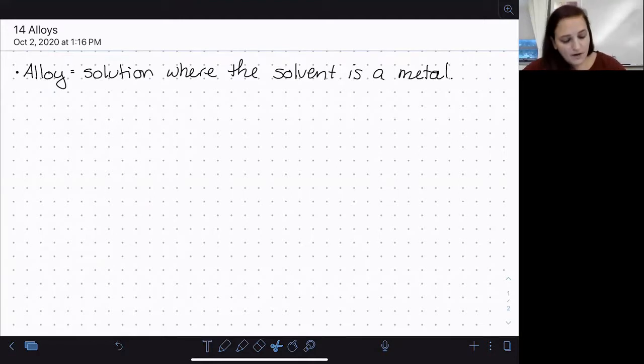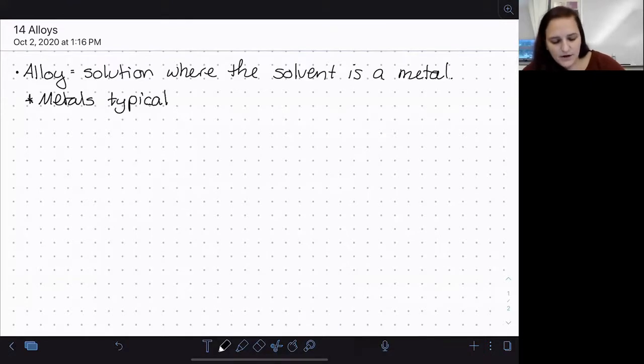So we're going to talk today about a couple different types of alloy structures that you can have, two different kinds specifically that are some of the most common types of alloys, as well as some of the easiest to identify. So in a pure metal, in a pure element, metals typically exist in some type of lattice structure, meaning that there are rows and columns of atoms, and alloys are more or less the same.